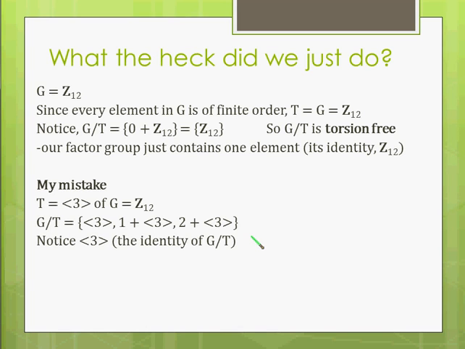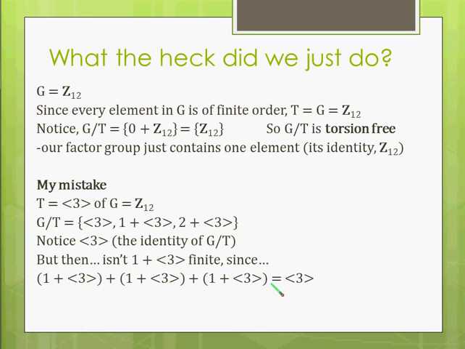But since 1 plus 3 is finite, since if we add it to itself 3 times, we get the identity, then that kind of breaks our assumption that for a torsion subgroup, G mod T is torsion free, since we found another element that's not the identity that's of finite order.